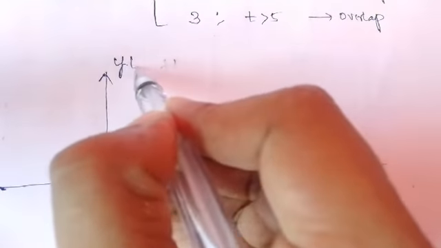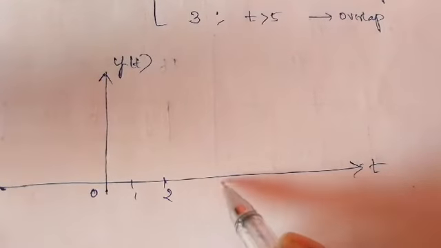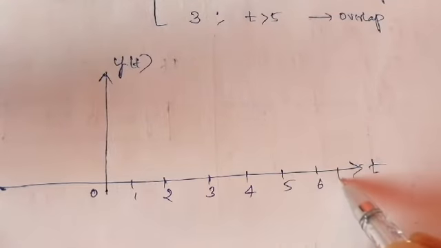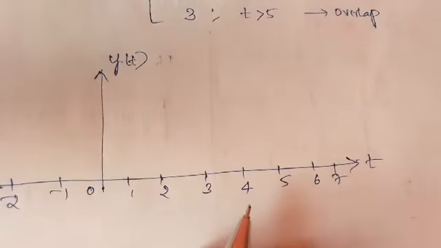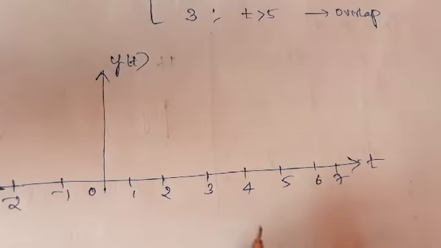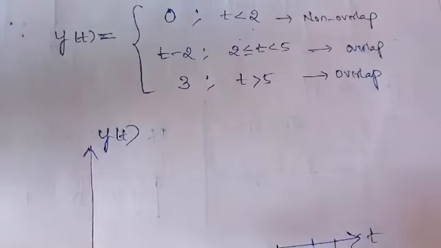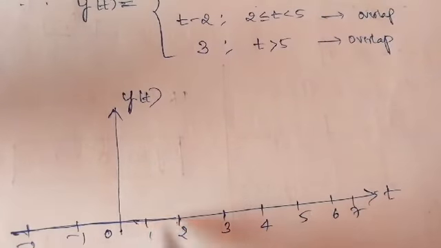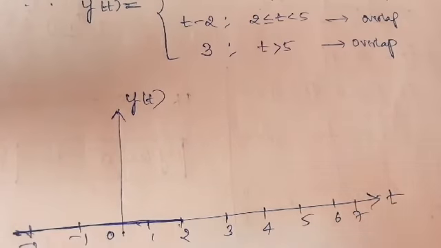It is y of t, with axis marks 0, 1, 2, 3, 4, 5, 6, 7, and minus 1, minus 2. Let us see step by step. First case, if the value of t is less than 2, it is 0. Up to 2, it is 0.